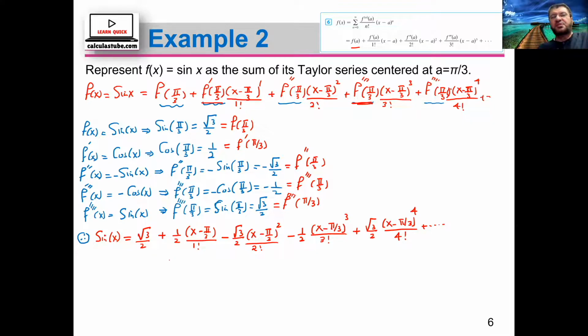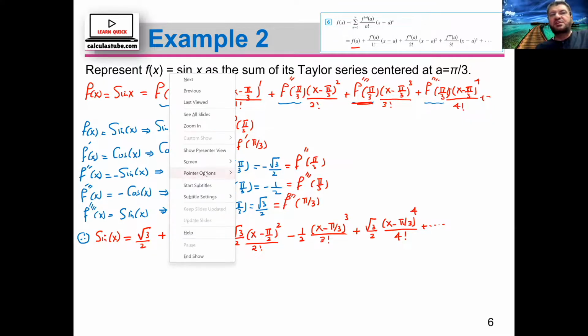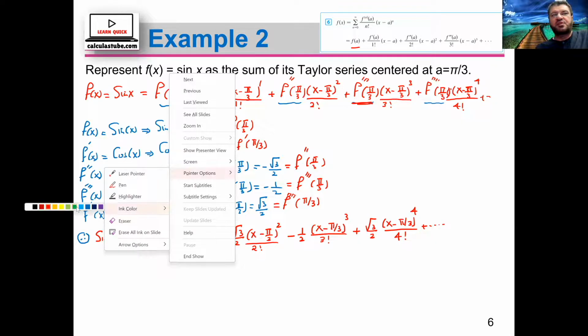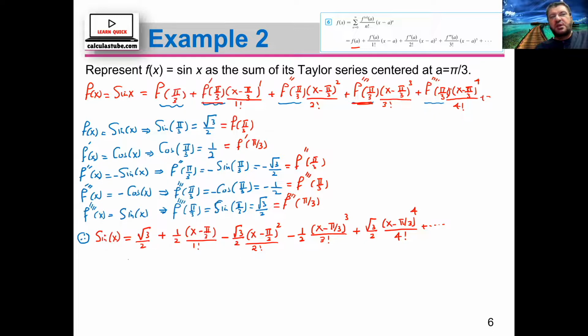All right, so what I'm going to do now is split this into two parts, guys. I will take the part that contains square root of 3 over 2. Here is a square root of 3 over 2, and here, and here. So I'm going to write this by itself.